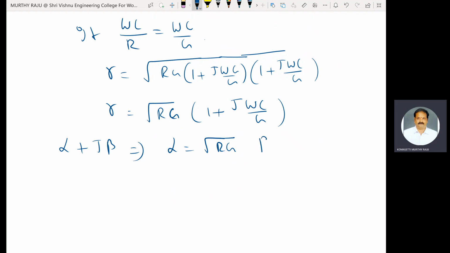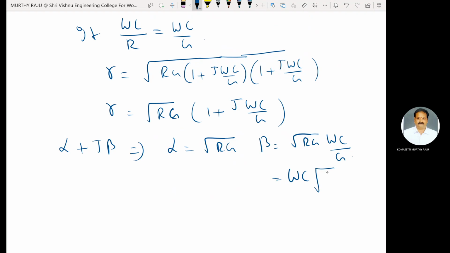Beta is equal to root RG into omega C by G, that is equal to omega C into root R by G. This is another way to derive alpha and beta.